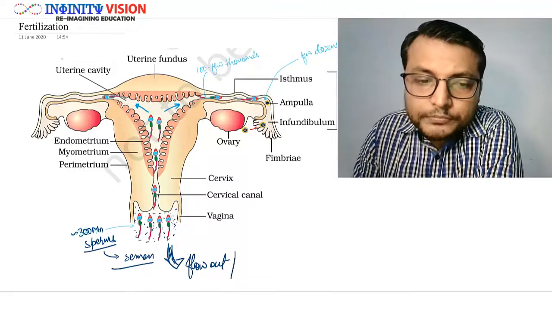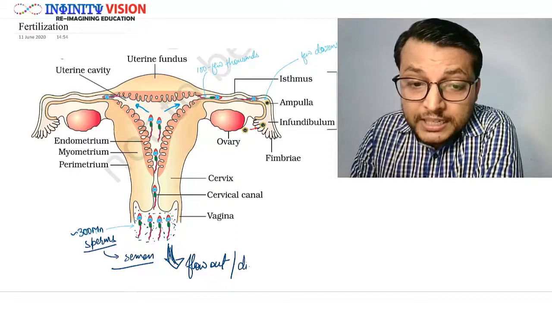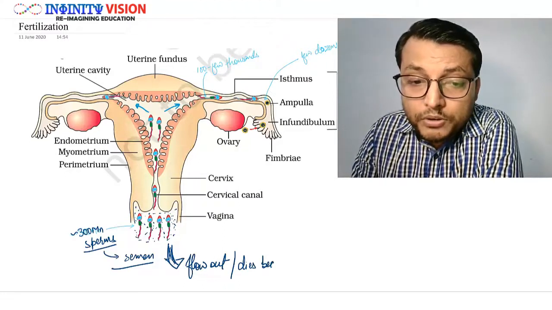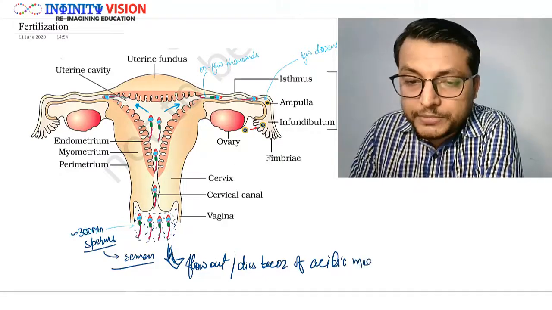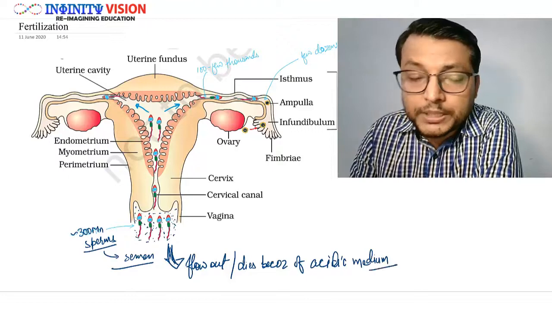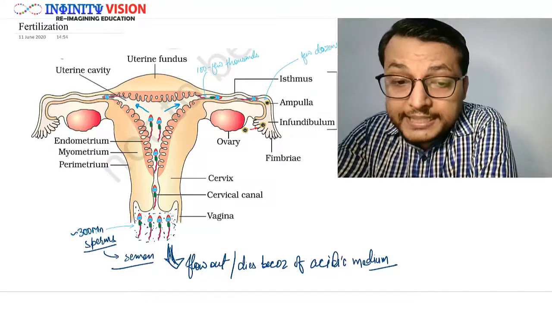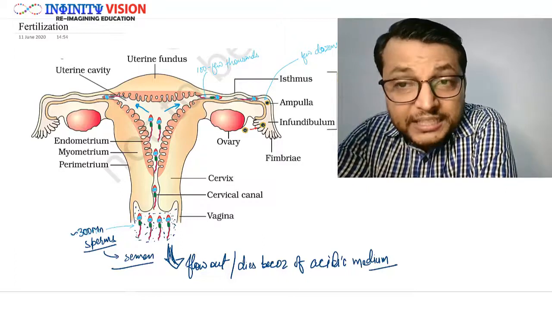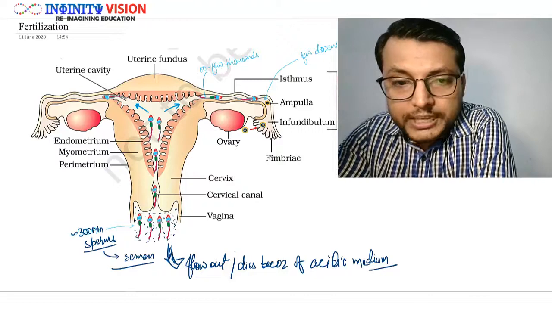Or most of the sperm in the semen die because of the acidic medium. Inside the vagina the condition is acidic, and because of this a lot of sperms are going to die. Most of them are going to flow out.